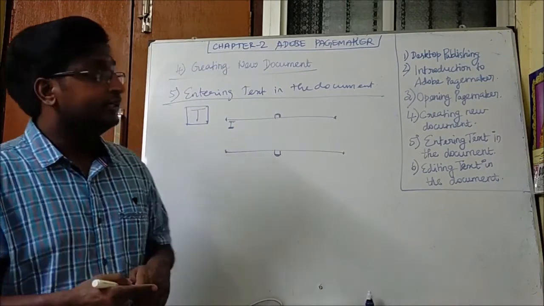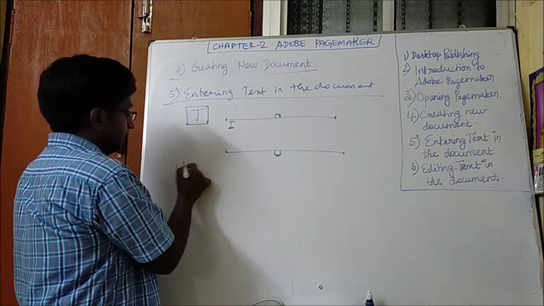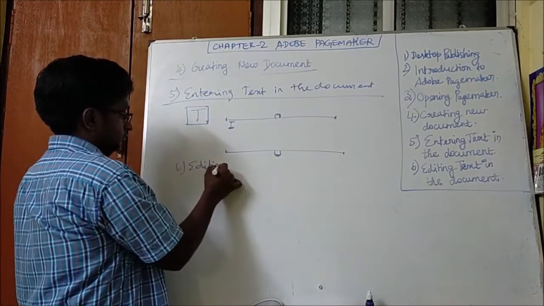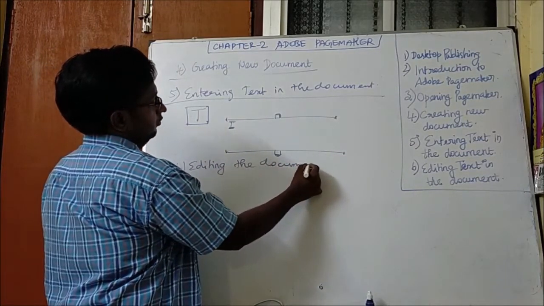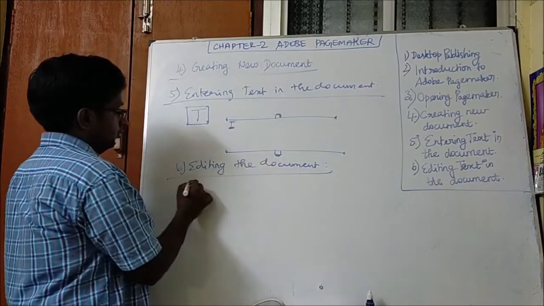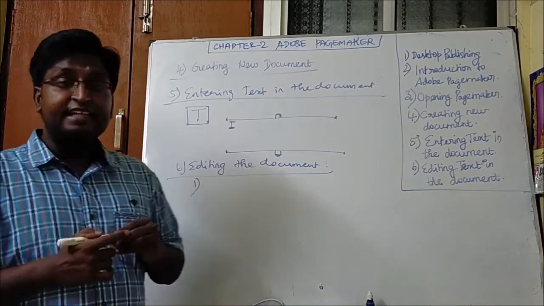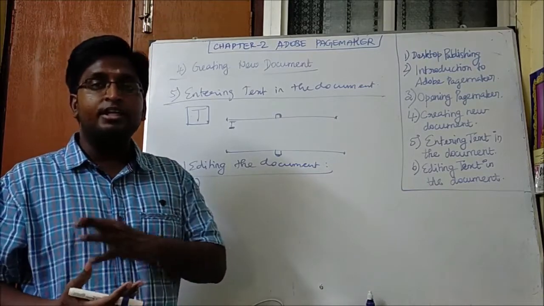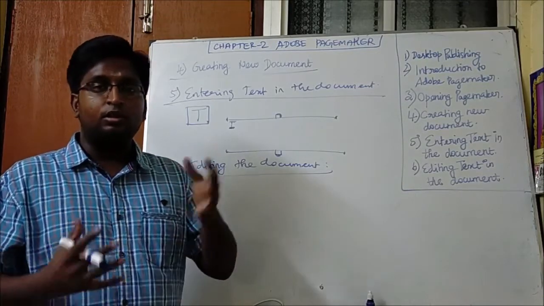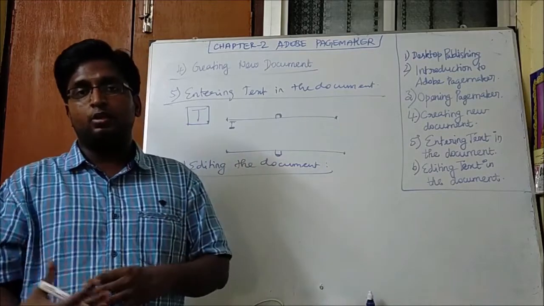So the next one is editing text in the document. Editing text is nothing but changing or modifying the text, updating the text, or adding new text to the content, or moving it from one location to another location.